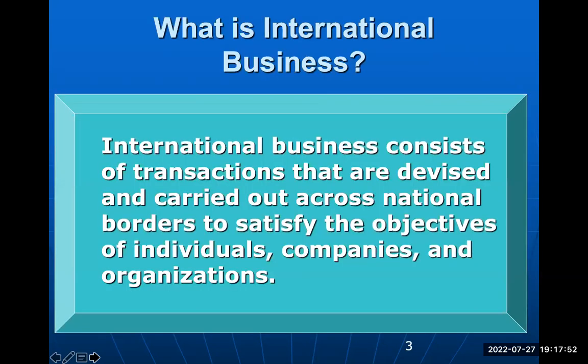But we just want to remind ourselves what an international business is. An international business is any company that does or participates in the exchange of goods and services across national borders. That is very important, that the exchange of goods and services is happening across national borders.